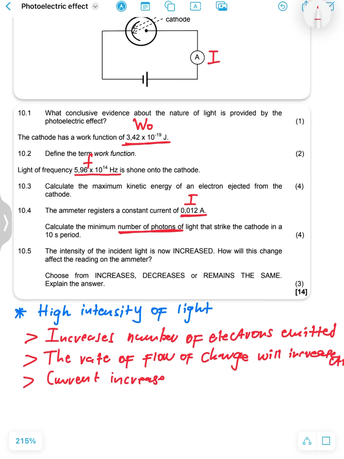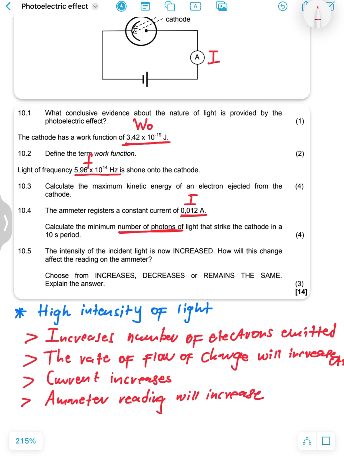And if current increases, therefore the ammeter reading will increase.